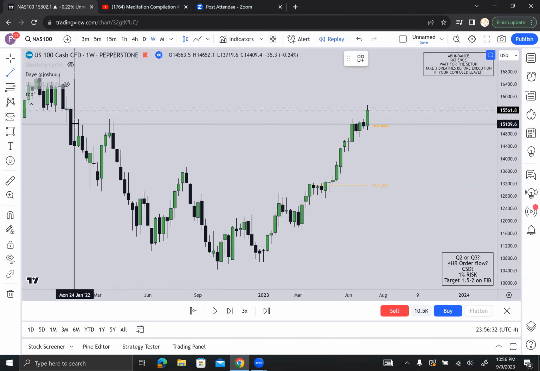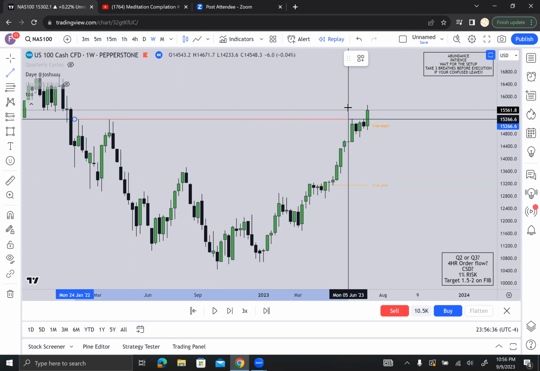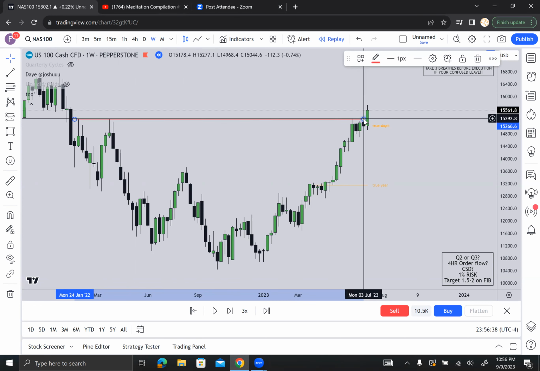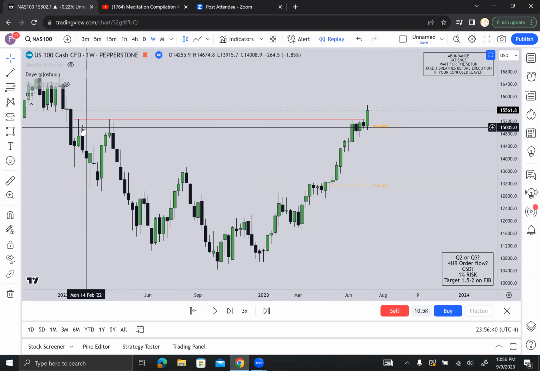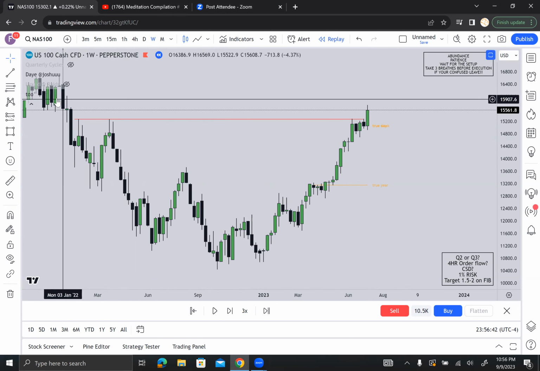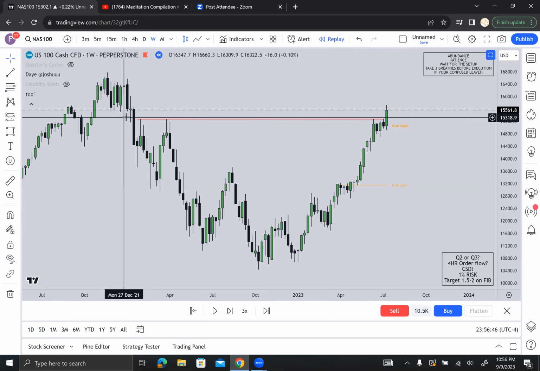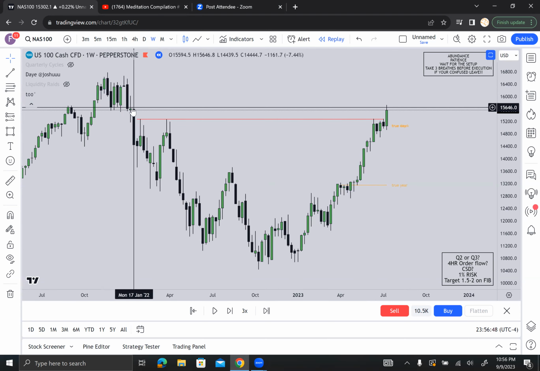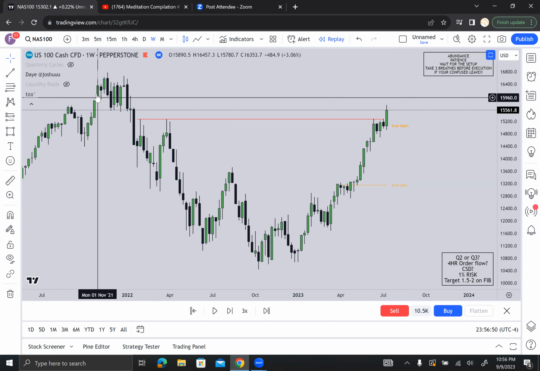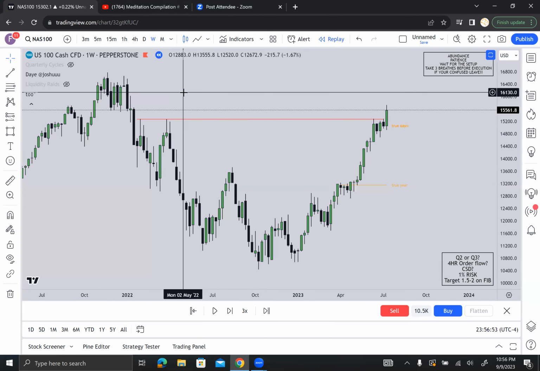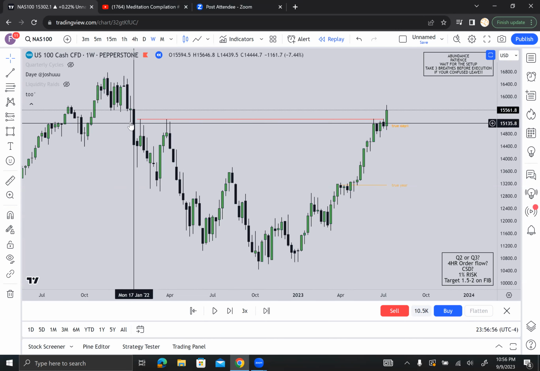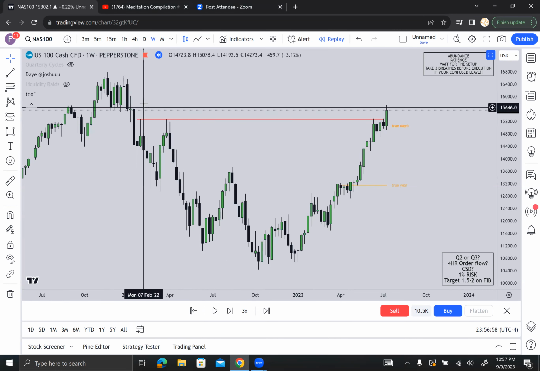So, off the rip, guys, we just recently took out, we ran through these highs here on the weekly. We do see that fair value gap there. So this is the CSD that I'm talking about, which is the change of delivery, when it comes to price action.